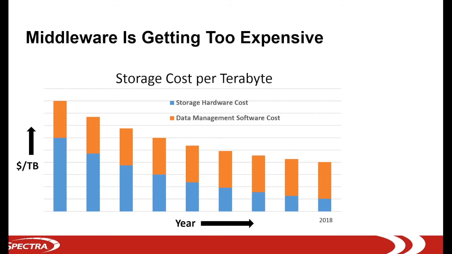It's almost the situation where the tail is wagging the dog, right? So the overall cost of dollars per gigabyte is not necessarily declining as rapidly as you would expect. So the bottom line here is, in lots of cases, middleware costs more than the storage system itself.